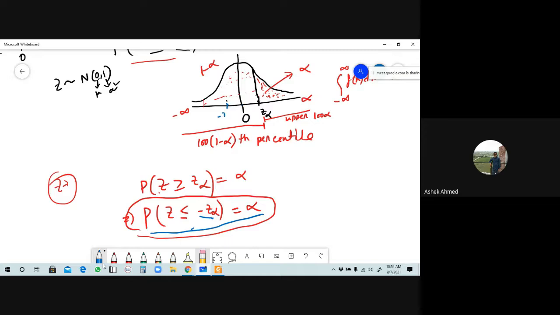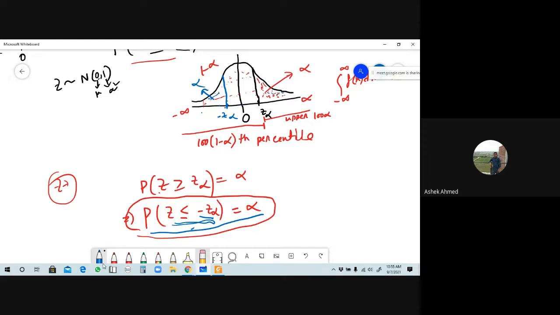This is minus Z suffix alpha. From here you have to take a perpendicular on the graph. So this represents probability of capital Z less than or equals to minus Z alpha. So from here what do you mean by this inequality? This represents either the left side or the right side of minus Z alpha? এই inequality কি represent করতেছে, left part না right part? The left part. So from here we can say that this is also alpha. তাহলে এই এরিয়া to alpha পাওয়া গেল.